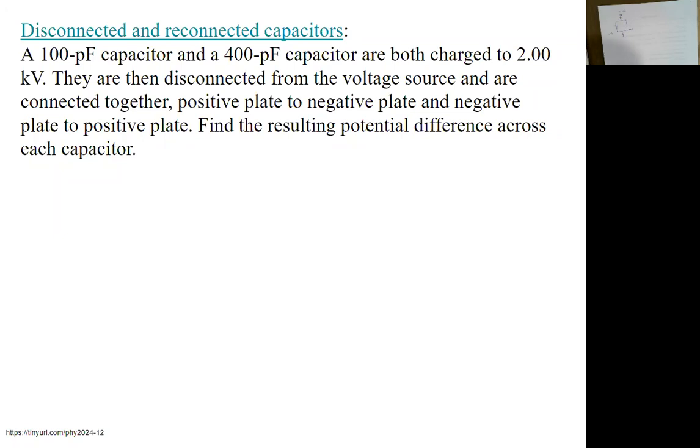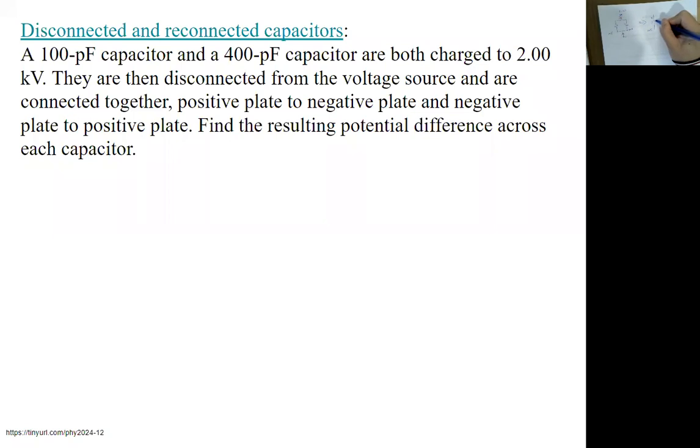If you cut it off and then reconnect them, on this one here, the 100 picofarad, let me put positive here, negative here, positive plate, negative plate after it's charged.